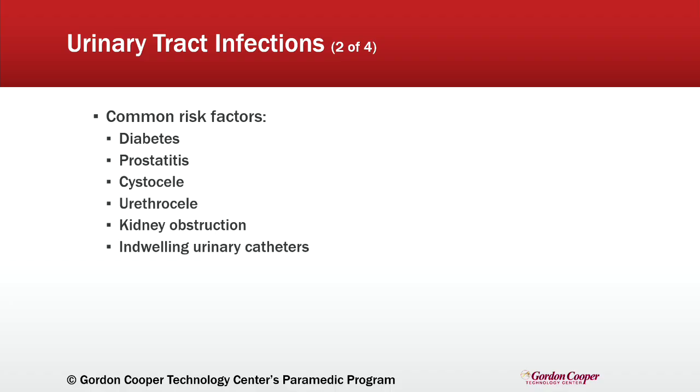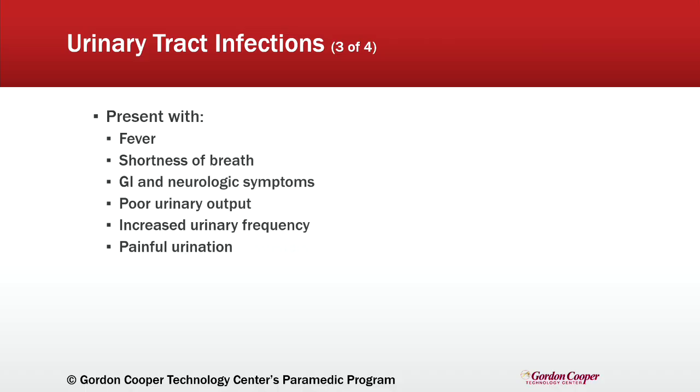Common risk factors are going to be things that coincide with some other conditions. Of course, diabetes, and prostatitis, inflammation of the prostate, is going to increase the risk of a urinary tract infection. Then you have cystocele, urocystocele, kidney obstructions, and indwelling urinary catheters always increase the risk of the development of urinary tract infections. Typical presentation of patients with a UTI are going to be a fever, maybe shortness of breath.